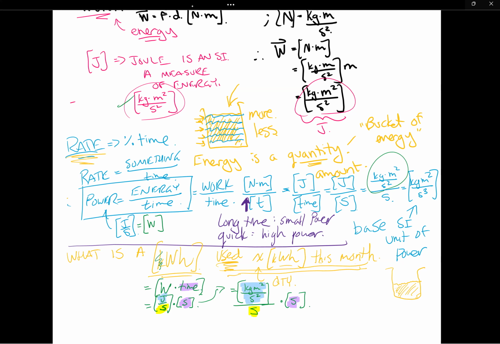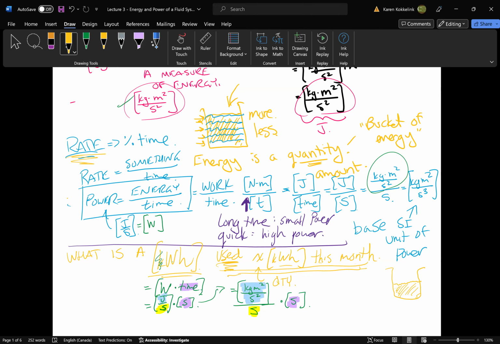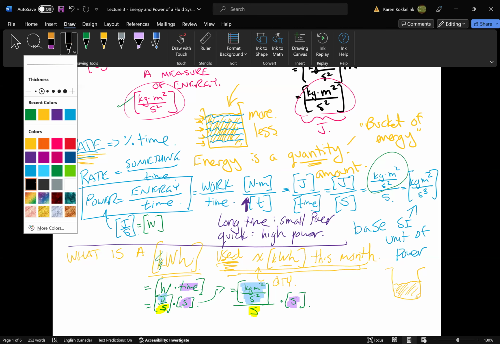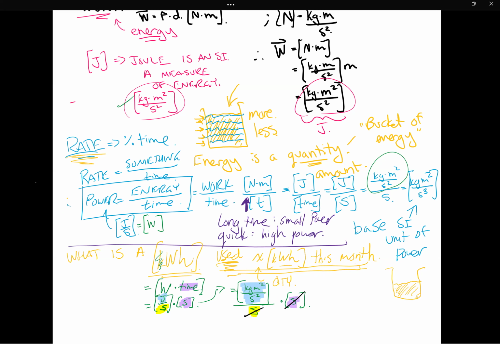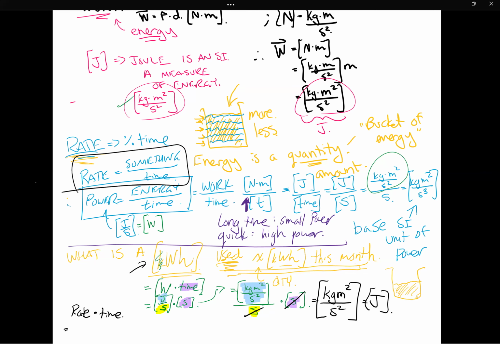So then it's a simple matter to go through. Cross out seconds because this is on the numerator, this is on the denominator. I'm left with a kilogram meter squared per second squared. I know that a kilogram meter squared per second squared is a joule. So what we have done here with kilowatt hours is we've said rate times time, but we know that this rate is energy over time.